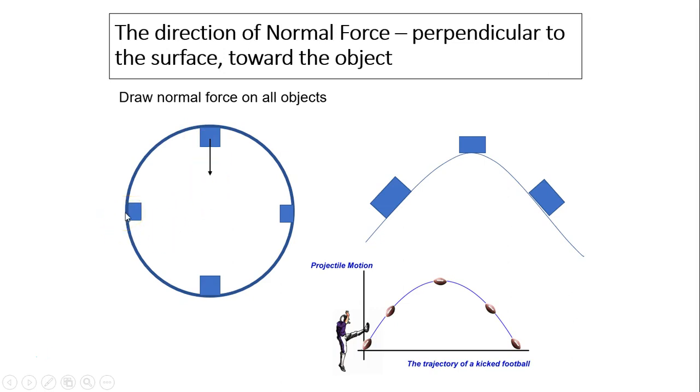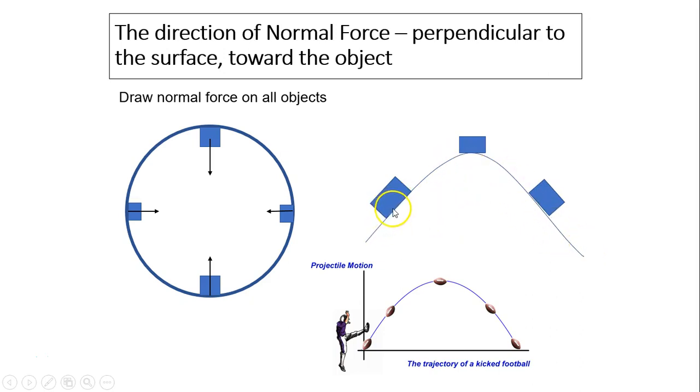This one supported the object perpendicular to the surface toward the object, right? This one is up. This one is to the right. This one would be to the left. So as you can see, all these directions are perpendicular to the surface toward the object. Similarly, all this also has to be perpendicular to the surface. The surface looks like a little hill.